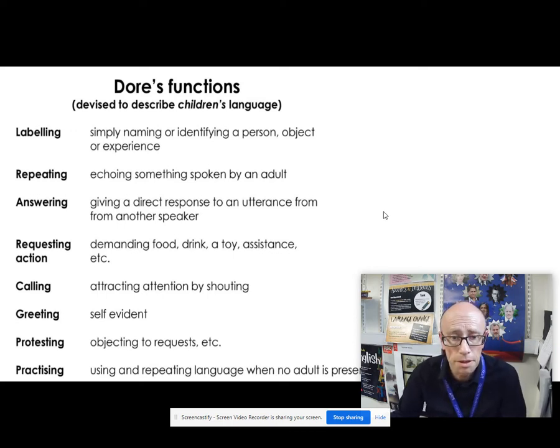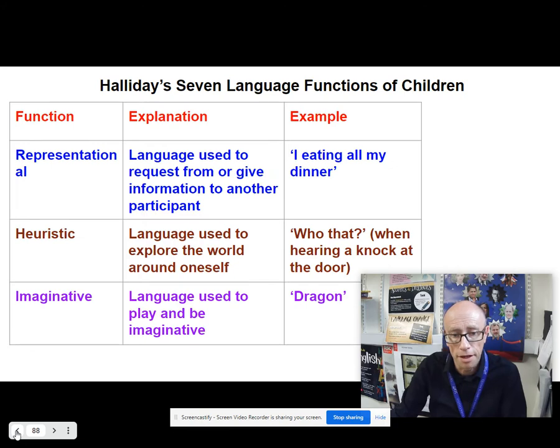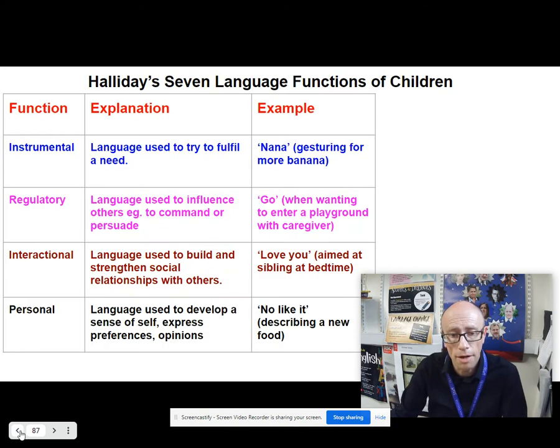And presumably this is Dore's practicing, which suggests that children have this innate tendency to use language, even if it's not fulfilling an immediate need in talking with somebody else. And again, it links in, I suppose, with that imaginative function of Michael Halliday. So labeling, repeating, answering, requesting action, calling, greeting, protesting, practicing, and they link very nicely as an alternative to Halliday's 7.